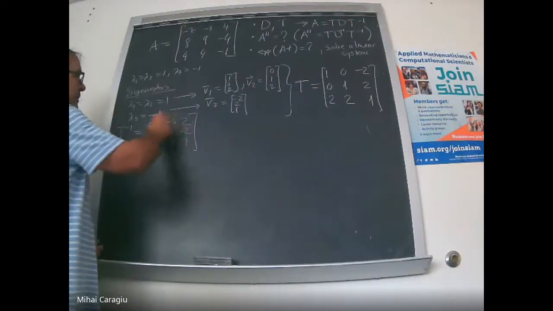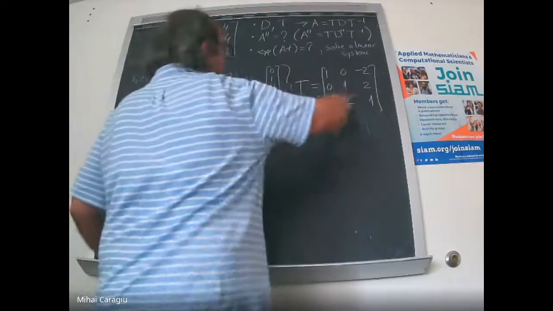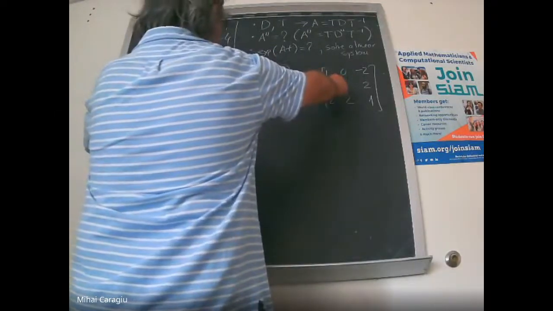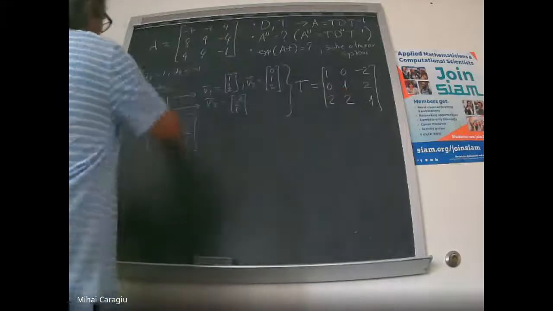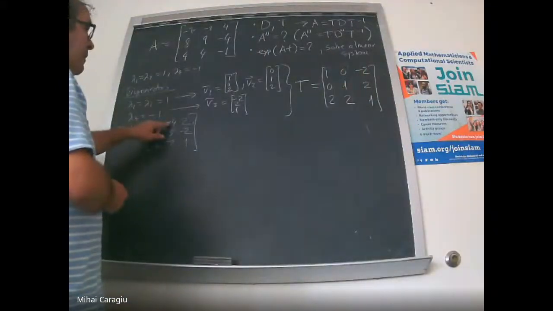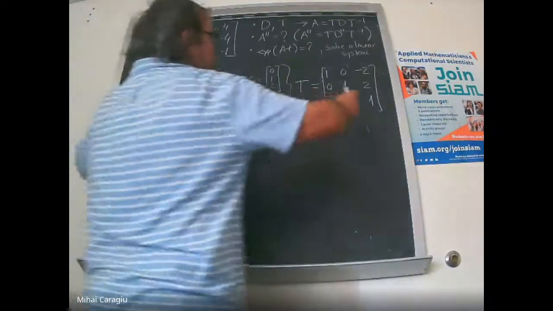So T inverse times T, first row, first column, we need to get a 1. So minus 3 plus 0 plus 4 is a 1. First, second, we get minus 4 plus 4 is a 0, as it should be.